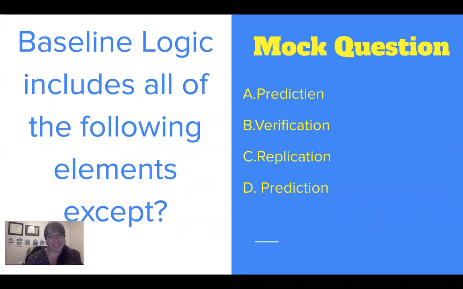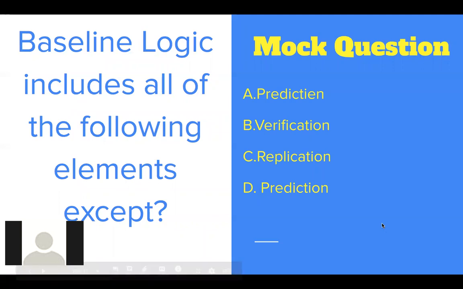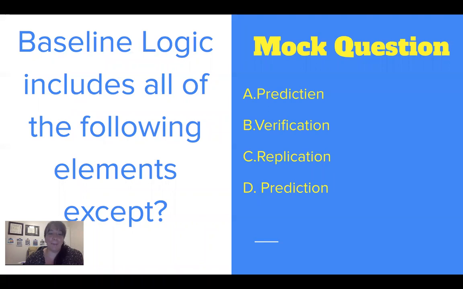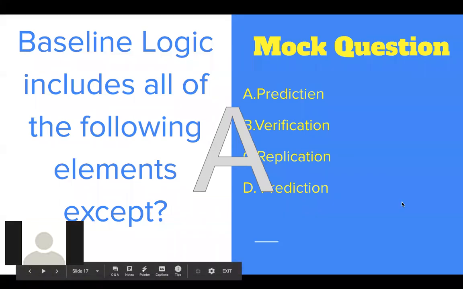So if you read prediction, verification, and replication, you won't even get to D. You guys got it, which is great, but a lot of people just read the first three and think it's D. I purposely made a spelling error. Amy, how come it doesn't have the wiggle thing under it? Because I'm presenting, so it doesn't come up. Well, thank you. No problem.